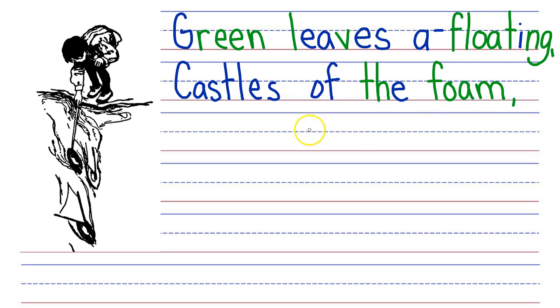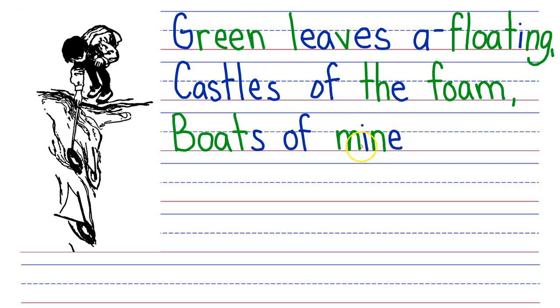Boats of mine a-boating. We have a B that says B. Today's phonogram OA that says O. T that says T. S that says S. Of, sight word, OF. Mine. We have an M that says M, an I that says I, an N that says N, and a silent final E that tells us the I is a long I. A-boating.